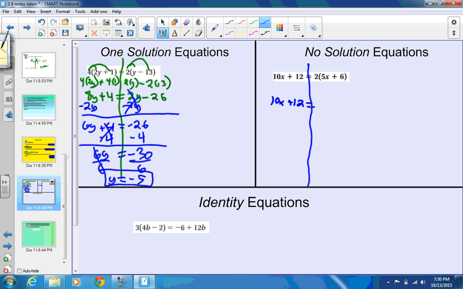And carry down the equal sign as well. This side, though, I see that parentheses again with a number in front of it. So I am going to distribute. So that's the 2 times the 5x. Keep the plus sign and do the 2 times the 6. That's distributing the 2. So you end up with 10x plus 12.